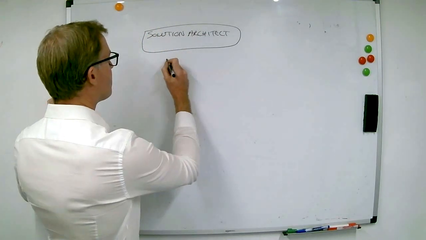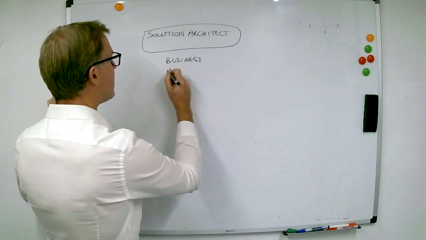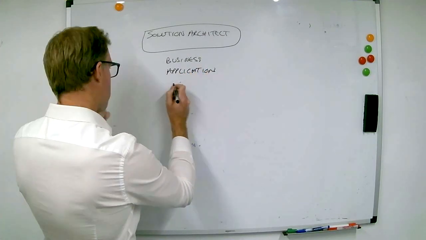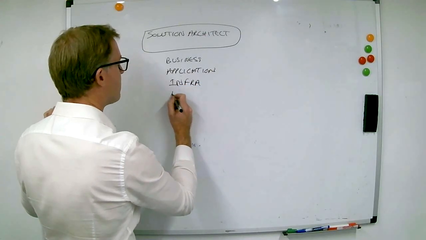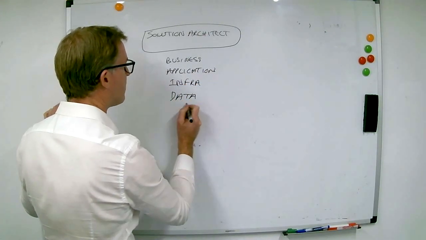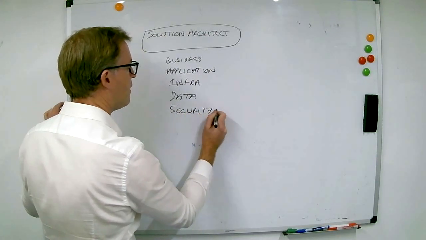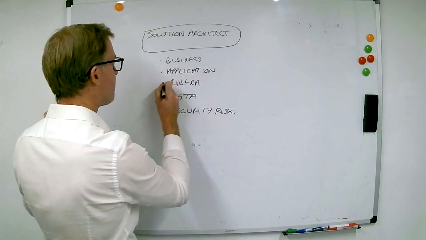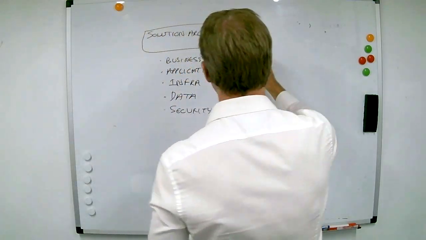So they need to understand about business architecture. They need to understand about the application architecture. They need to understand hosting or the infra. They need to understand data, and they also need to understand aspects with regards to things like security and risk. They need to know all those things. And they need to be able to compare different options.